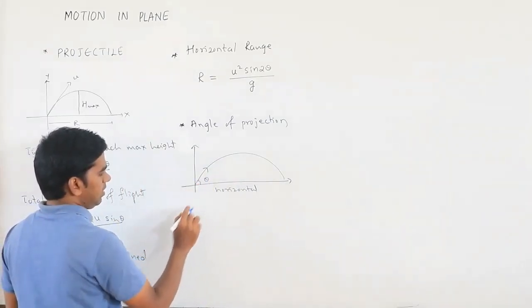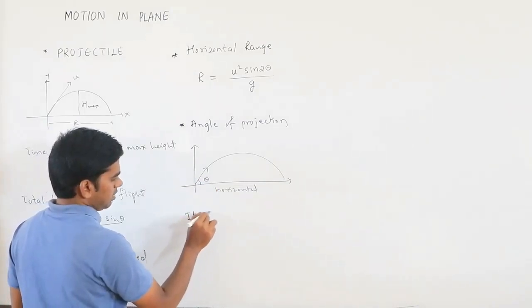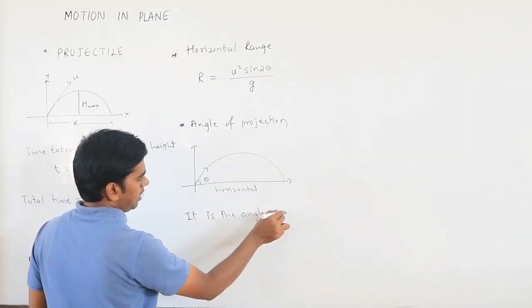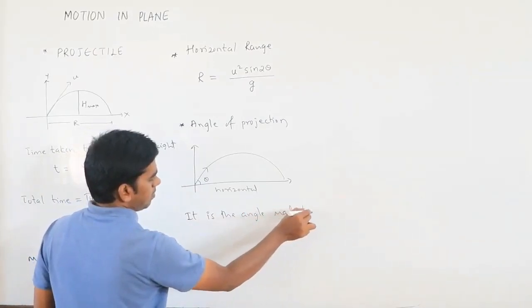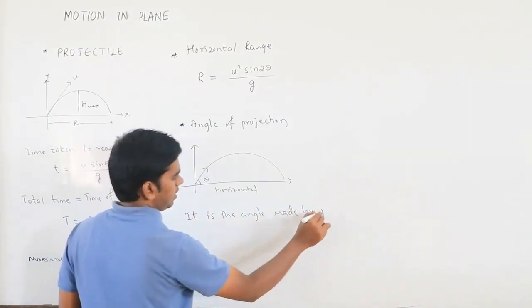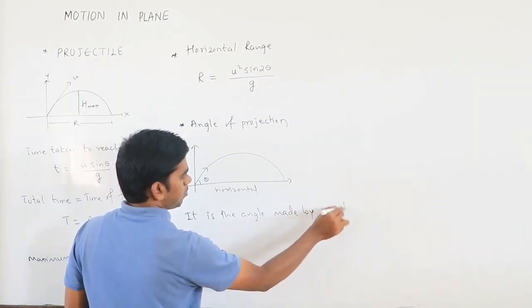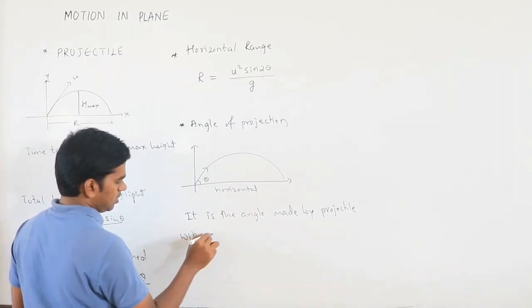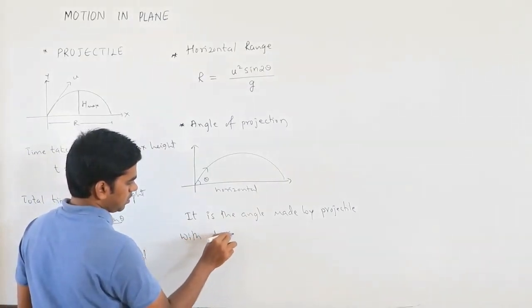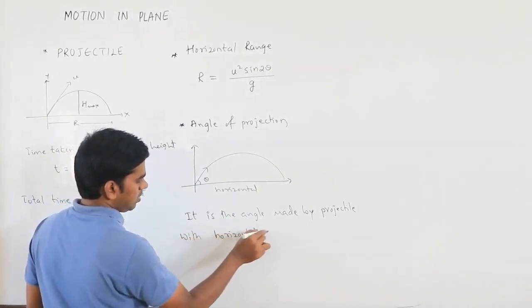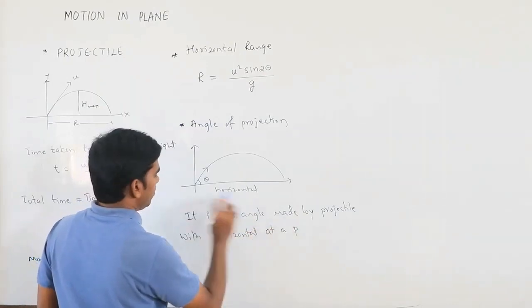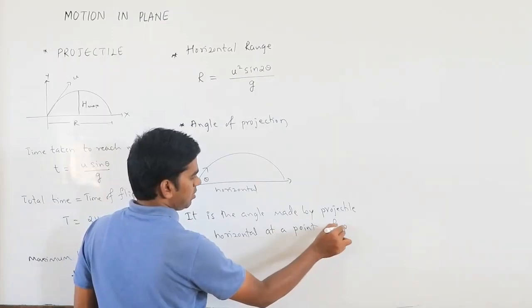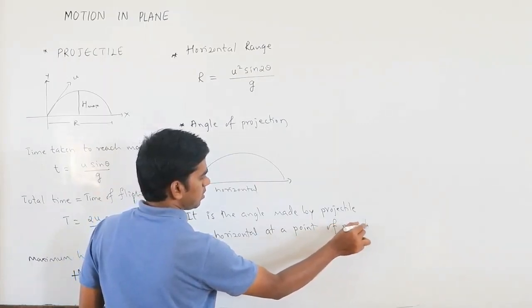It is the angle made by the projectile with the horizontal at the point of projection.